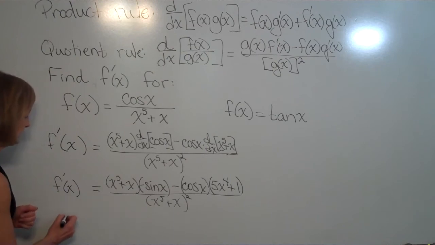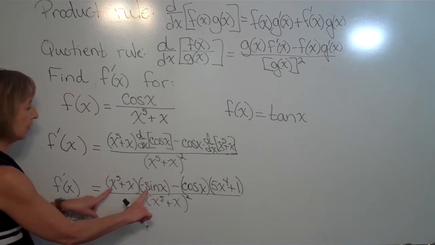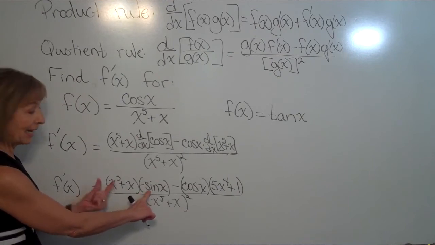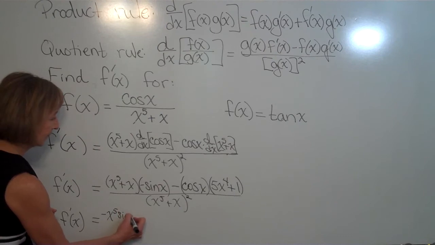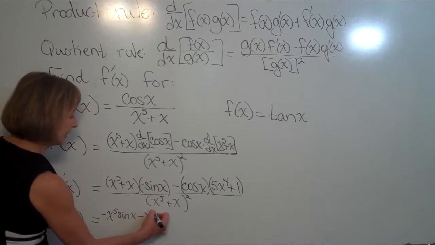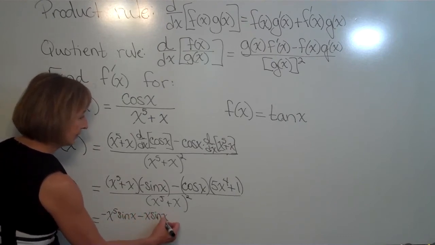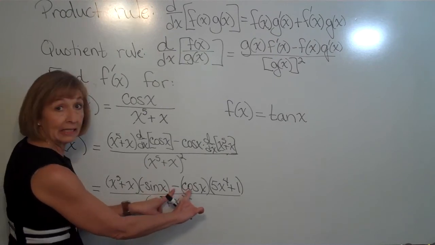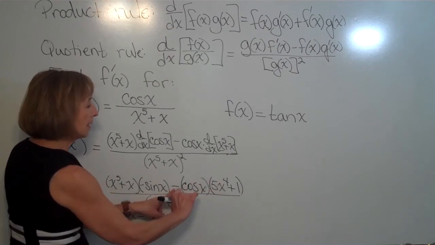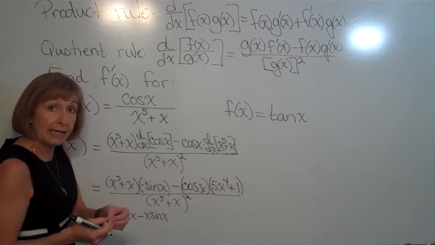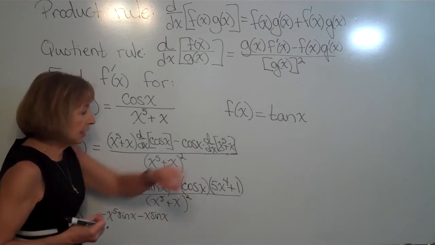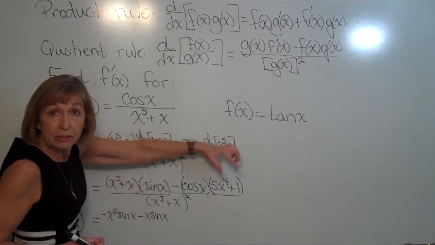Okay? And then lastly, we're going to have our f prime of x is equal to, well, when I multiply this negative sine x through this binomial, I'll have negative x to the fifth sine x minus x sine x. And then think of multiplying negative cosine x through the binomial at the end here, and it's safer to write the variable expression in that multiplication prior to the trig function.